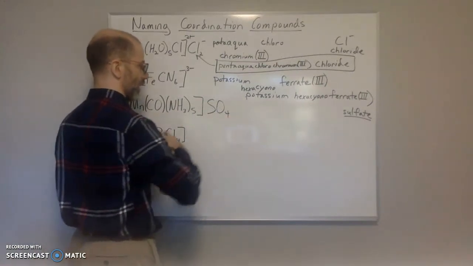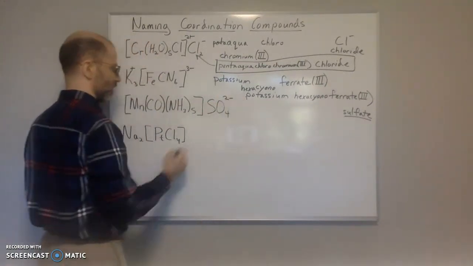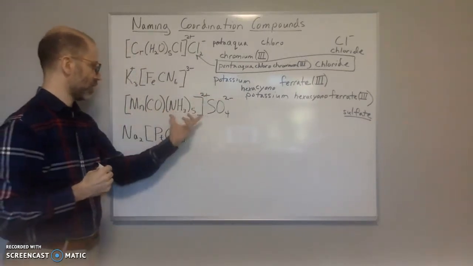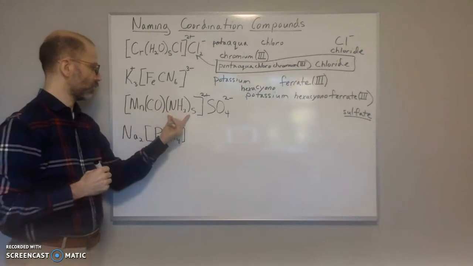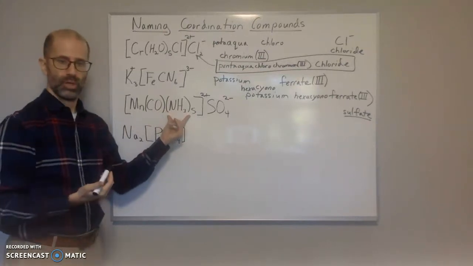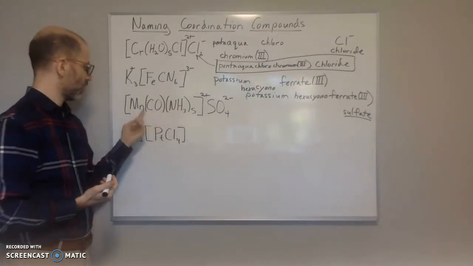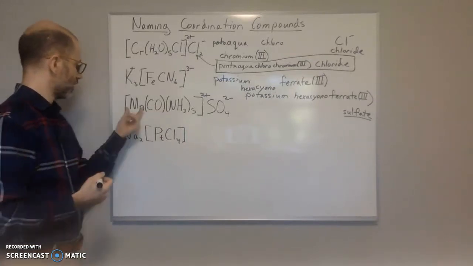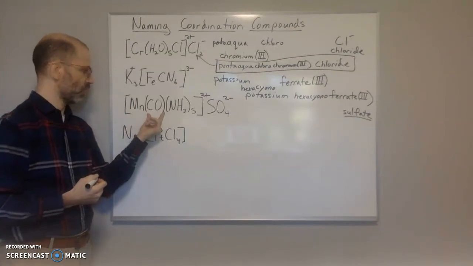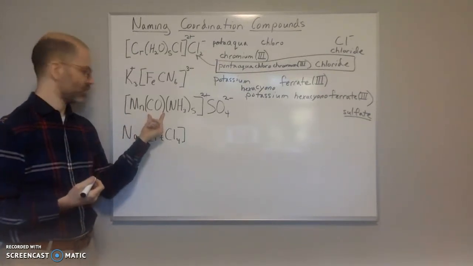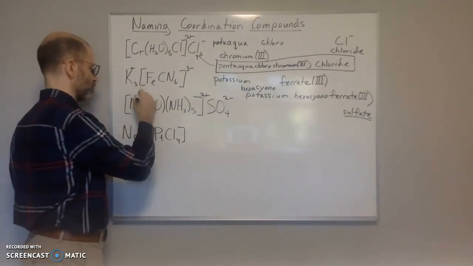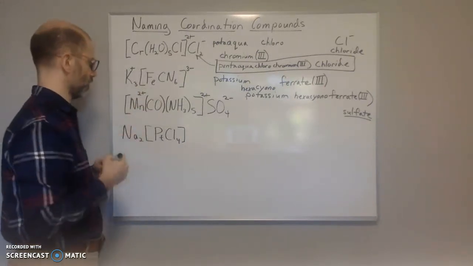SO4 has a 2- charge, so that means this has a 2+ charge to balance the charge. NH3 has no charge on it. We have CO as well, and so we have Mn. CO, carbon monoxide, doesn't have a charge on it. Mn is the only thing that's going to have a charge, so that's going to have a 2+ charge on it.